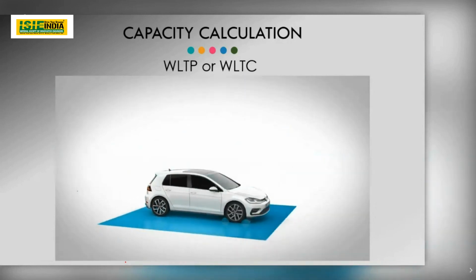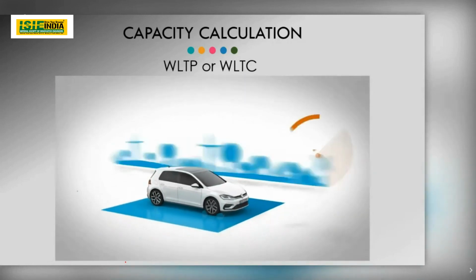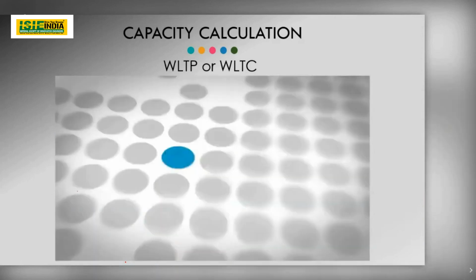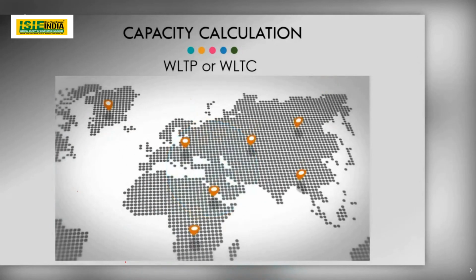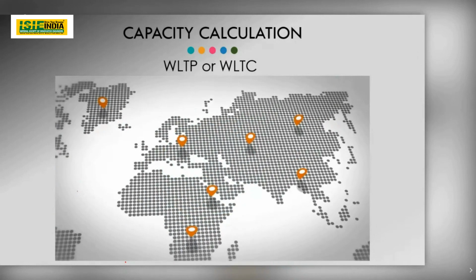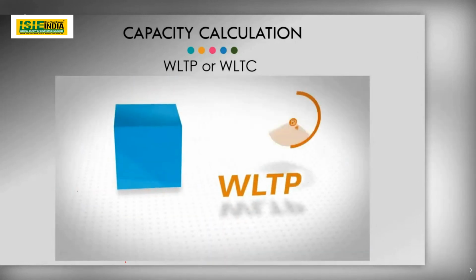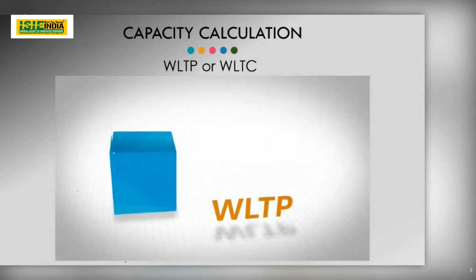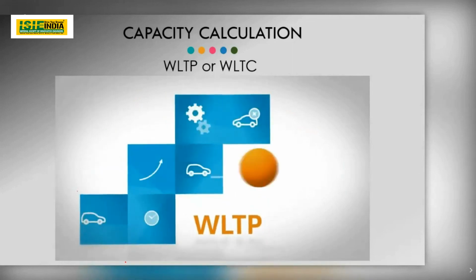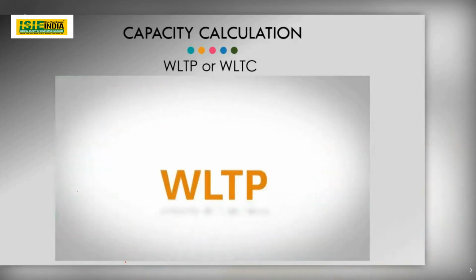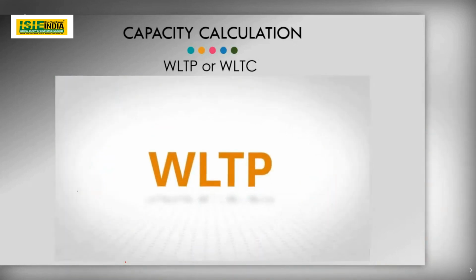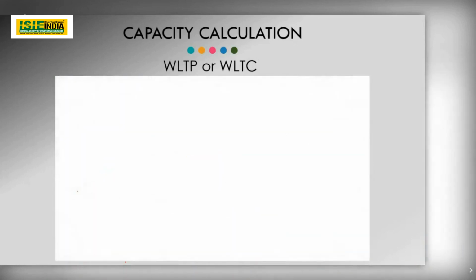Here, day-to-day driving is simulated and the average consumption is calculated for every model and every variant anywhere in the world. With the WLTP, consumption figures come out higher than before, because this procedure shows more realistically how much a vehicle really consumes in daily driving. The WLTP, starting in autumn 2017.